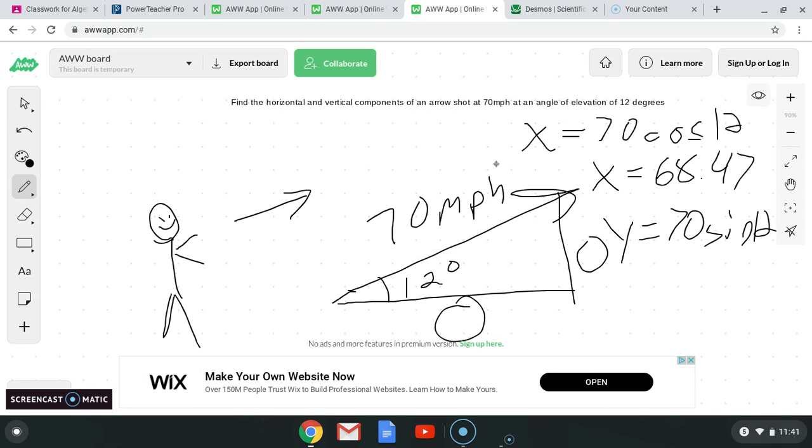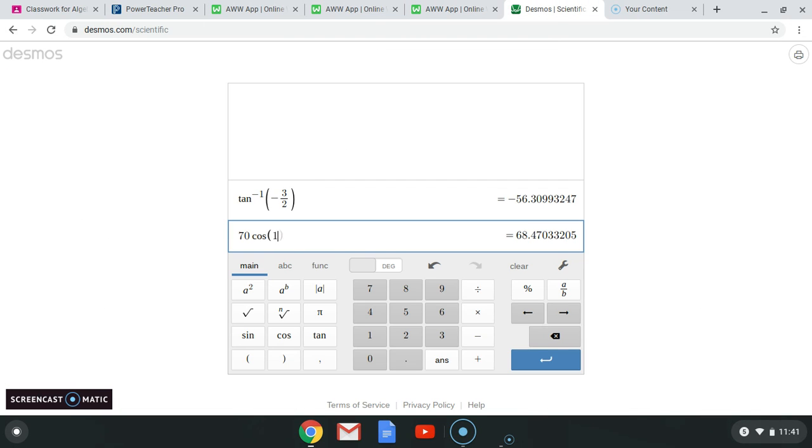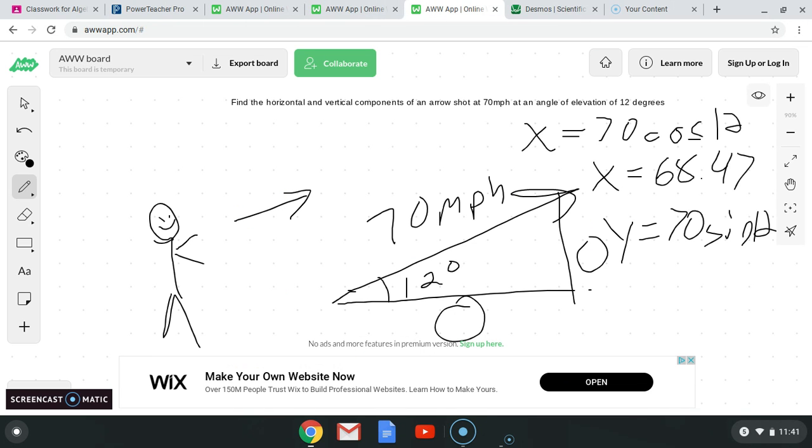Sorry about the handwriting again, but plug that in. We'll get 70 sine of 12, which would be 14.5. Okay, miles per hour. Same here, that's miles per hour over here.